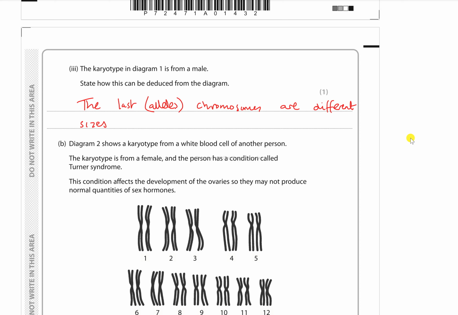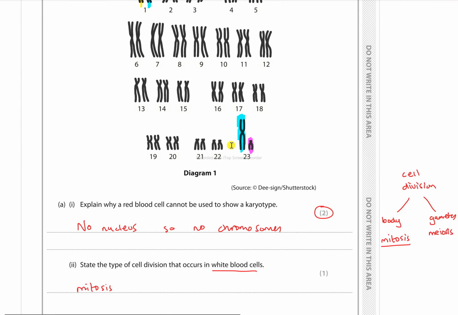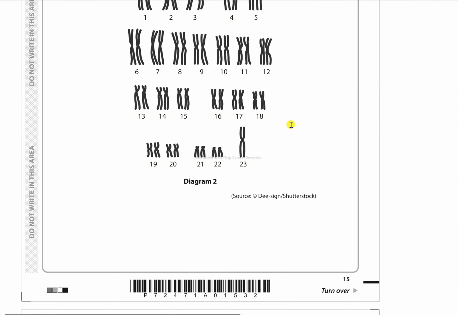And remember the egg cell or the ova is larger, or ovum, should I say? Ovum. And the sperm cell is smaller. And sperm cells are much, much smaller. So if you go up, we pointed this out over here. There. Right, okay, let's keep moving on.